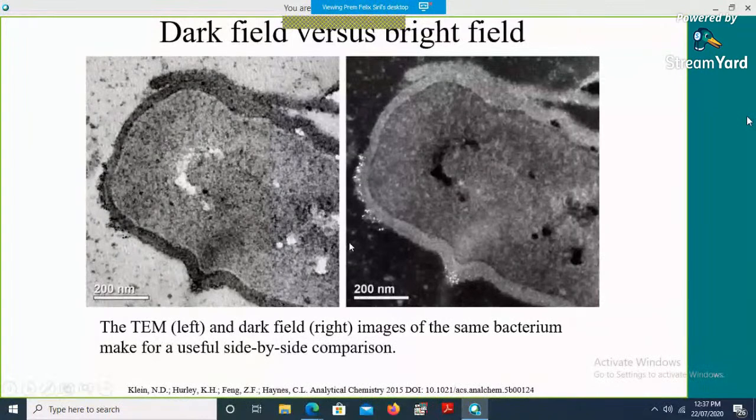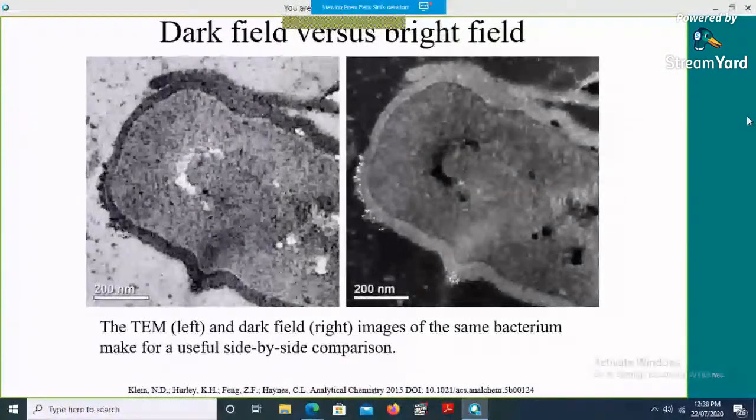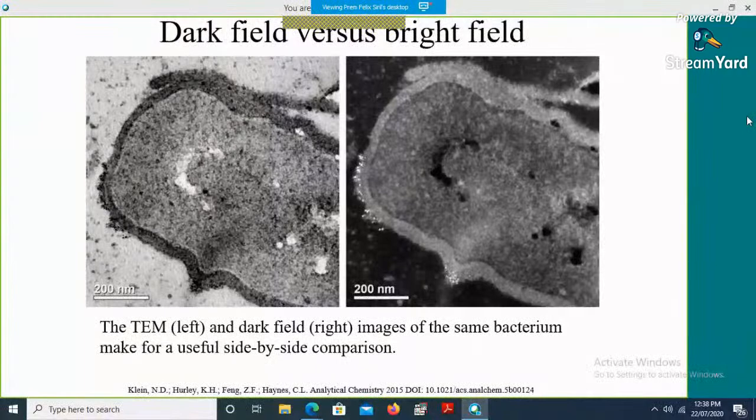Areas which diffract more will appear dark in bright field imaging, whereas it is the reverse in dark field imaging, where areas which scatter more will appear light. So you can take dark field as well as bright field images and study the complementary features of the same sample.